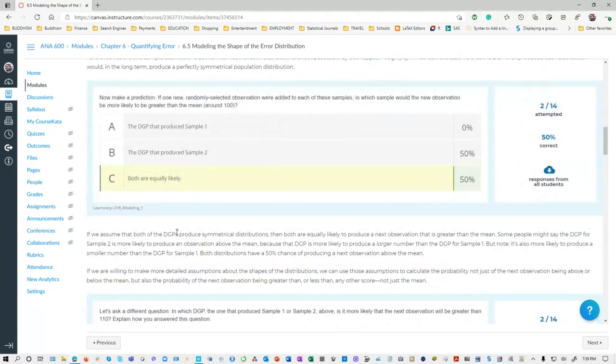If you assume that both of the DGPs produce symmetrical distributions, then both are equally likely to produce a next observation that is greater than the mean.